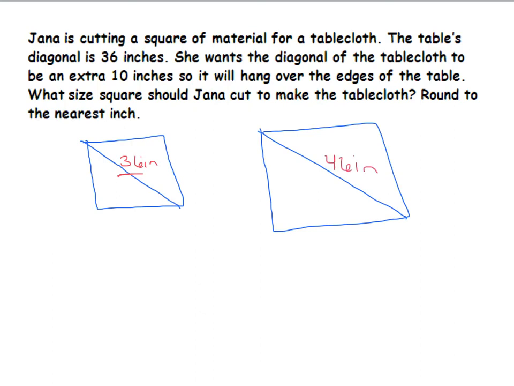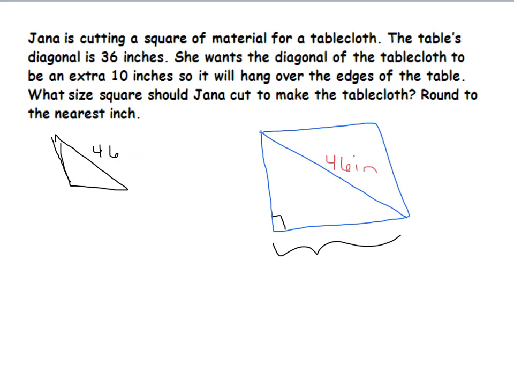Wonderful. Good. So I'm going to erase this one so that we don't get confused by the two. Now she wants to know what size square she would need. In order to figure out the side of the square, you have to figure out how long your sides are. Now remember, if this is a square, these should be right angles, which makes 45-45-90s. So we're looking at a 45-45-90 with 46 in the diagonal here. If my hypotenuse is 46, to go from the hypotenuse to the leg, we have to divide by the square root of 2. So 46 divided by the square root of 2.